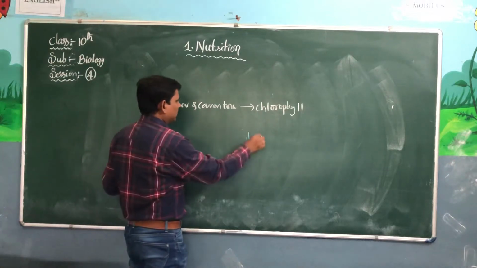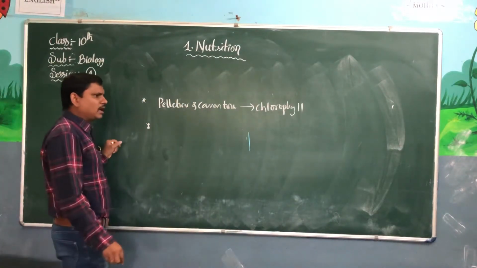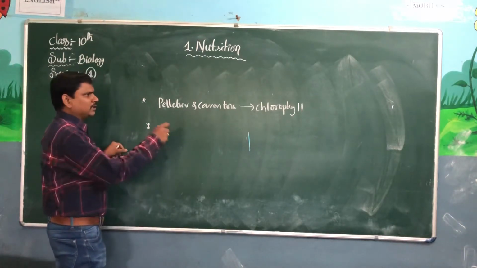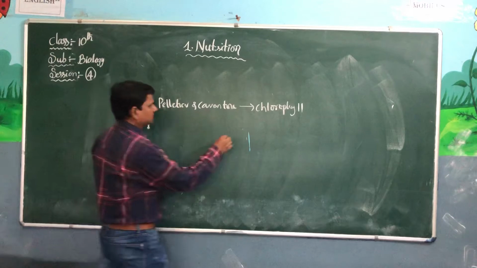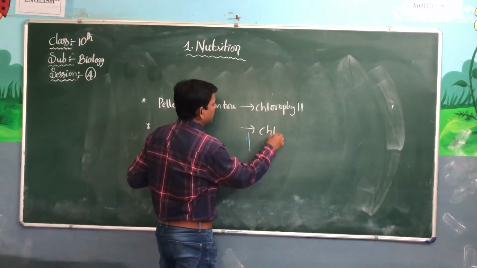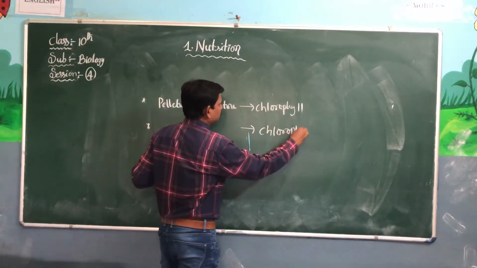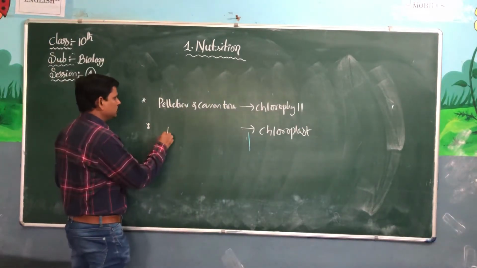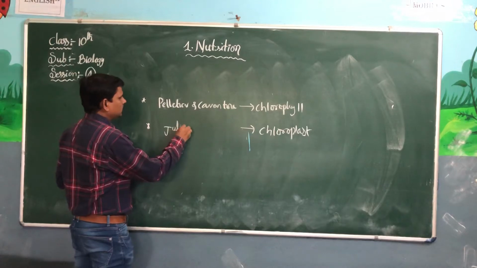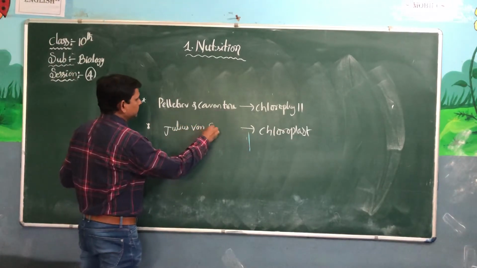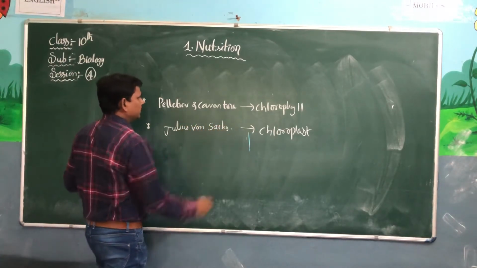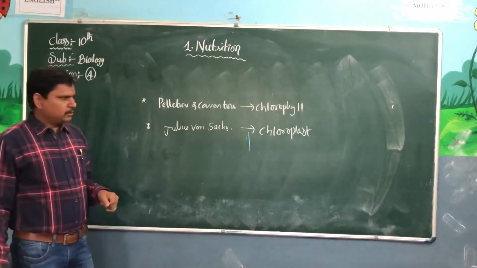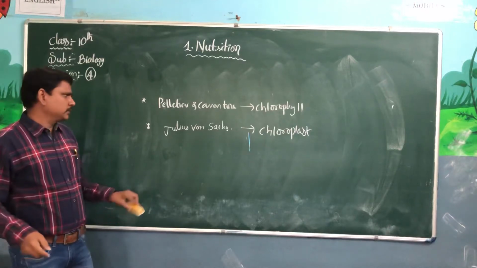These organelles containing chlorophyll are called chloroplasts. The chloroplast was discovered by Julius von Sachs.